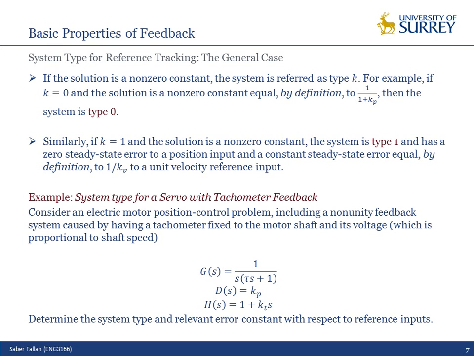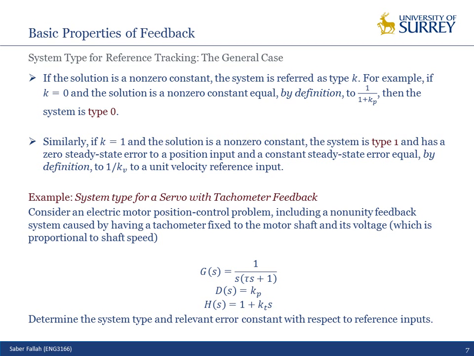So, assuming we have the electric motor and we have a tachometer as a sensor in the feedback in order to measure the rotational speed. Assuming that the transfer function for the plant, here our plant is the electric motor, is given by 1 over s(tau s plus 1).